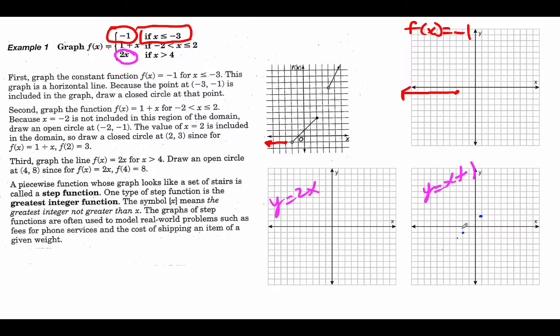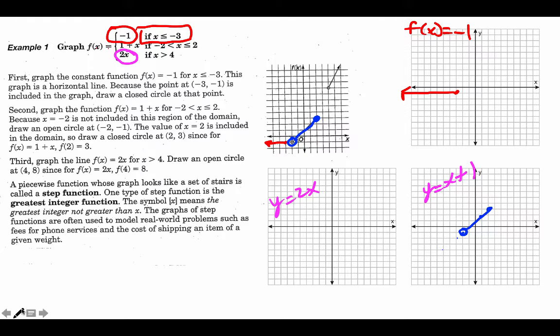So you go in here to -2, so I can see that boundary point, but that's going to be an open circle, if I can make it open. And I'm going to connect up all the way to 2, which is going to be right up here. I'm only going to graph that little bit right there, and you can see the open circle up to there, open circle up to there.